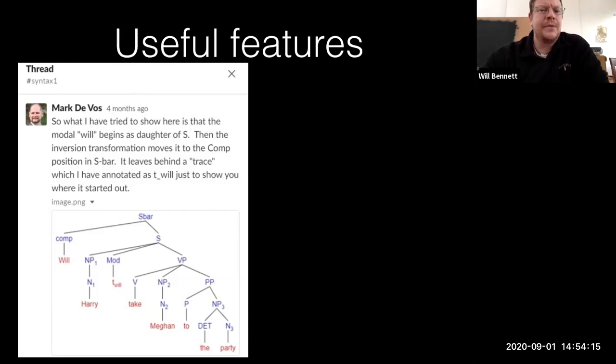And so if we had a platform that only allows text messages back and forth, it would be difficult to talk about different ways of drawing, different possible trees for the same string of words. So this is an example of the kind of thing that is facilitated by being able to just paste a picture into a text-based thread.